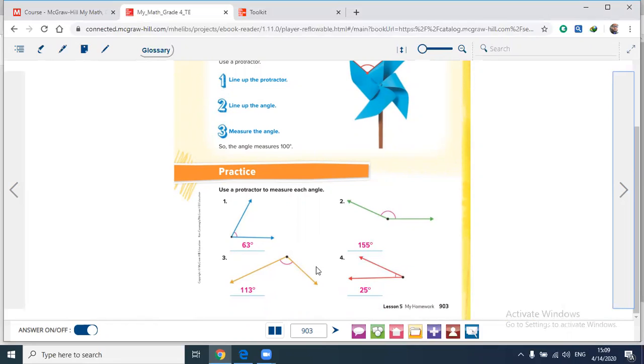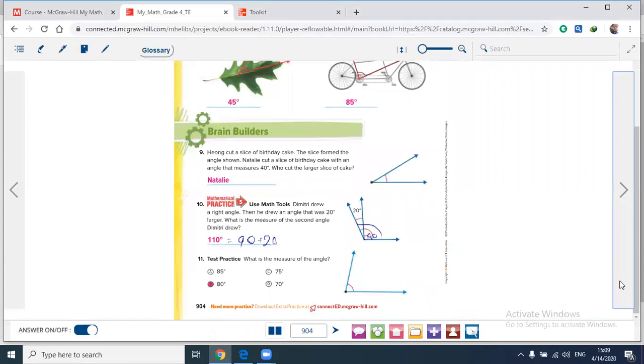Here: 63, 155, 113, 25, as you see. And the next page, the last one, is coming in the SBS electronic homework number 11, exactly coming in the e-homework.